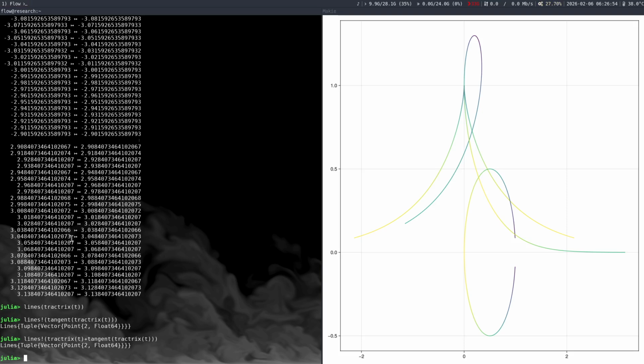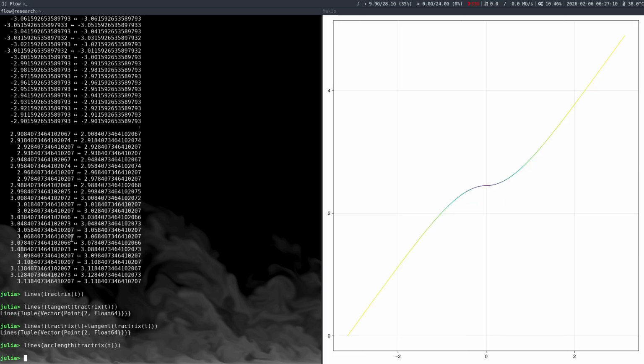And what we can do is calculate the arc length of the curves. So that's the arc length of this tractrix as a function of t.